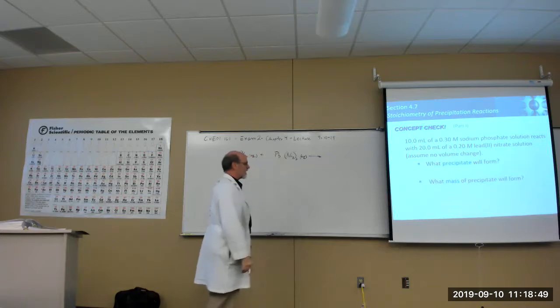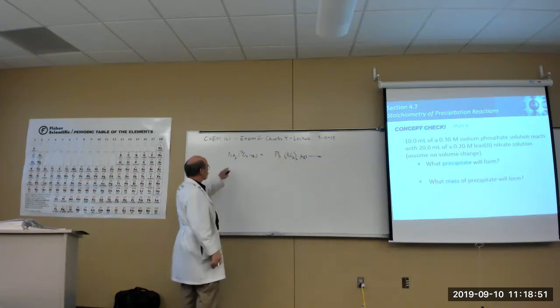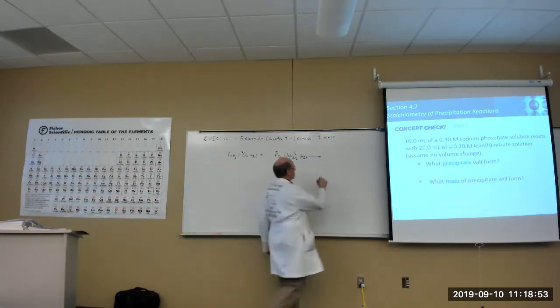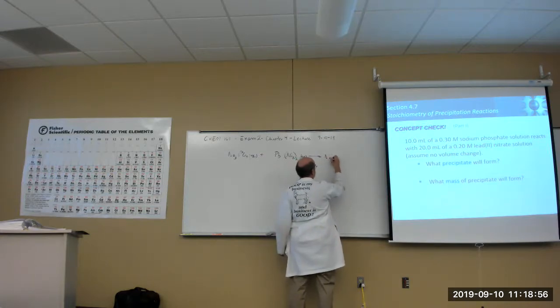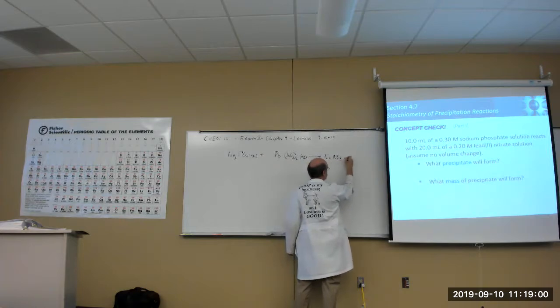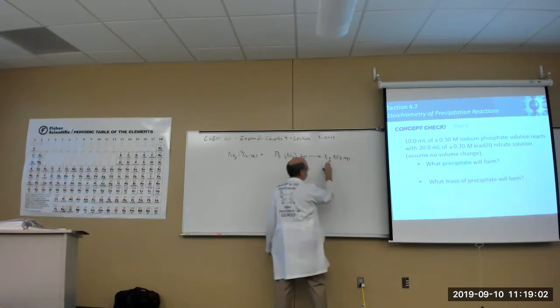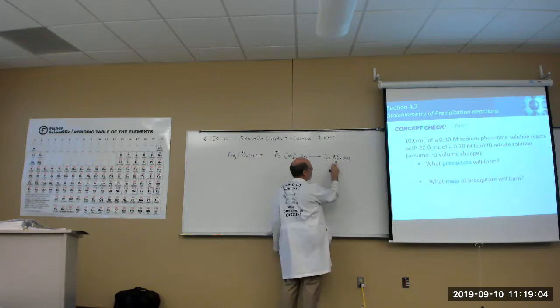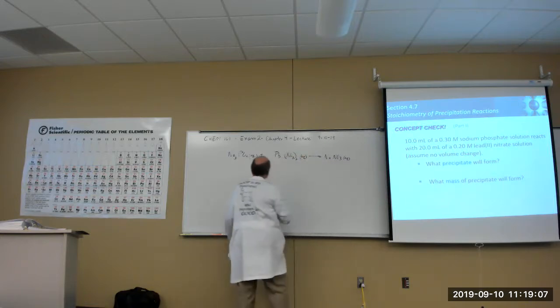Okay, so what do we get? A double replacement reaction will put sodium with nitrate. Sodium nitrate is still soluble, right? Alkali metal, nitrate, it's soluble.